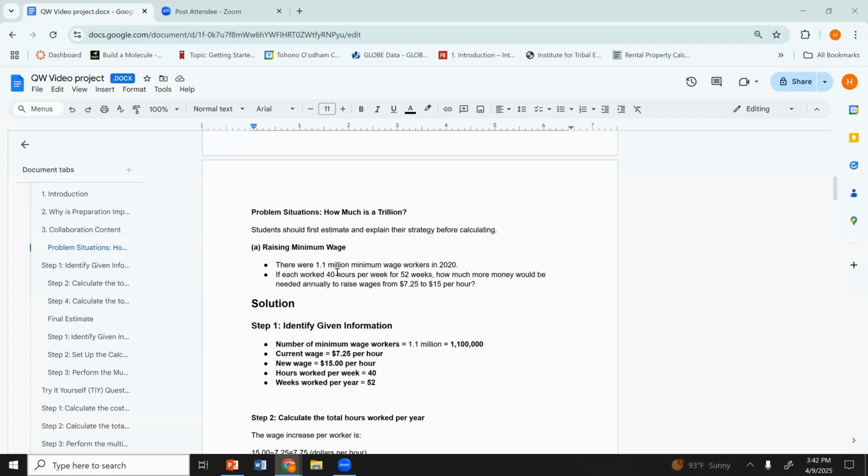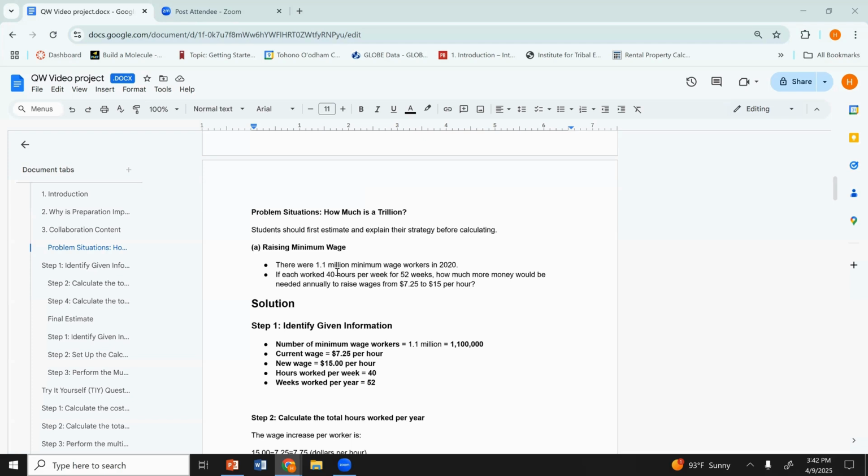But we need to come up with extra money to be able to pay for that difference, okay? From 7.25 to 15. We're currently paying them 7.25, and we want to raise that to $15 per hour. So there's a difference there.